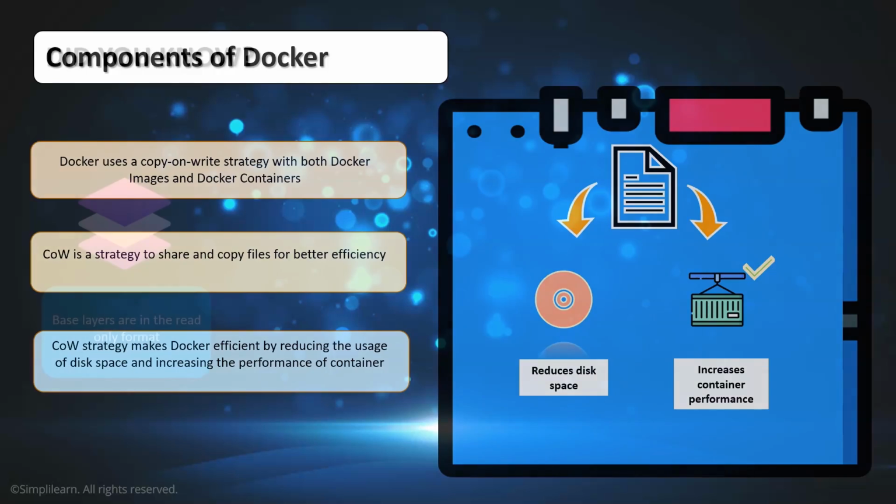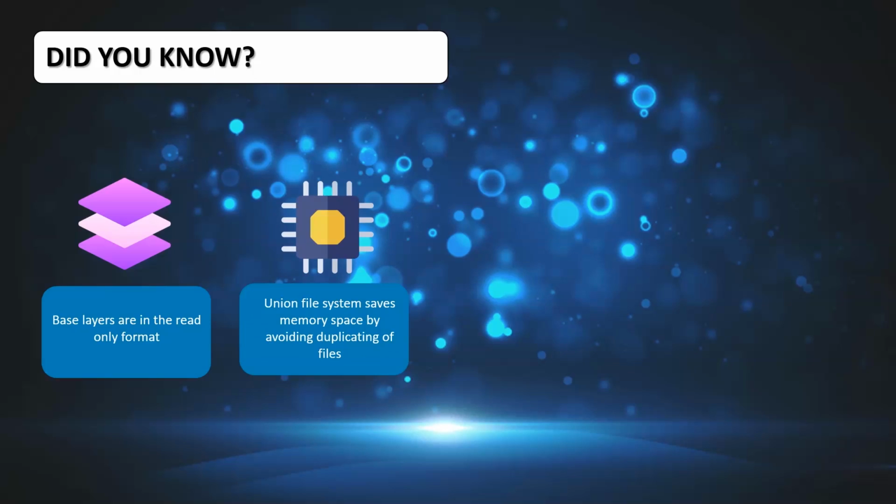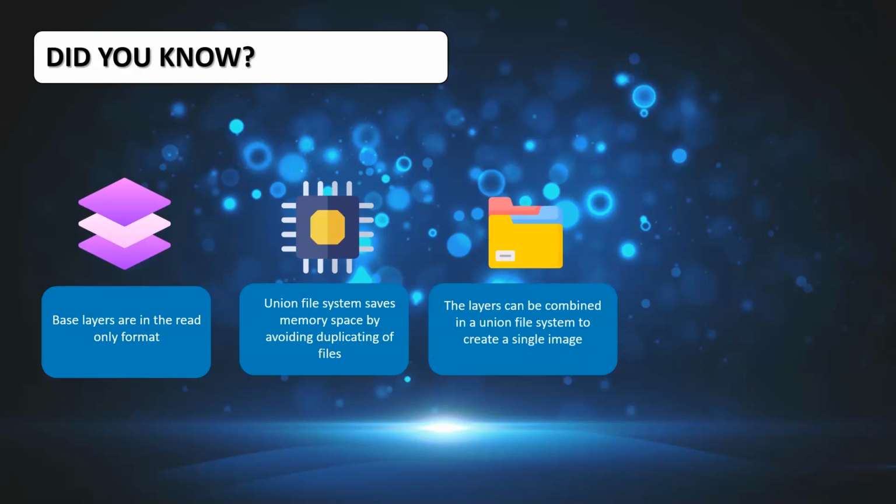So let's talk about some of the facts here. The base layers are purely read-only, so you cannot modify them. Union file system saves memory by avoiding duplication of files. The layers can be combined in a union file system to create a single image.